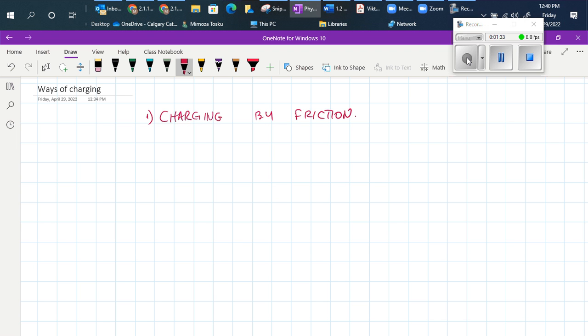Charging by friction is a way of charging where it is very difficult to measure what is happening between object A and object B that we are rubbing together.